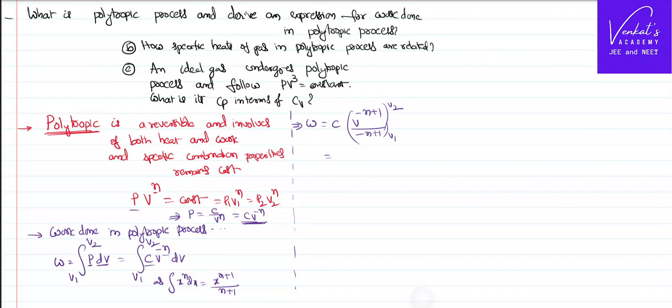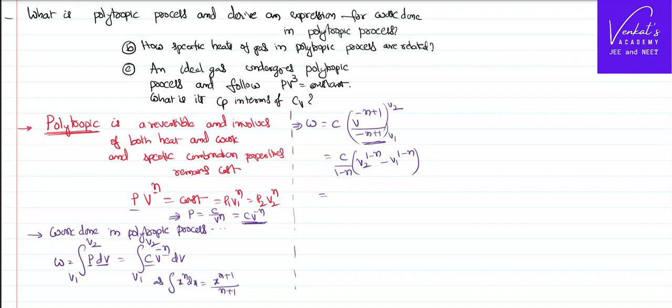That is, C by 1 minus n can be written outside this one, V2 power of 1 minus n minus V1 power of 1 minus n.